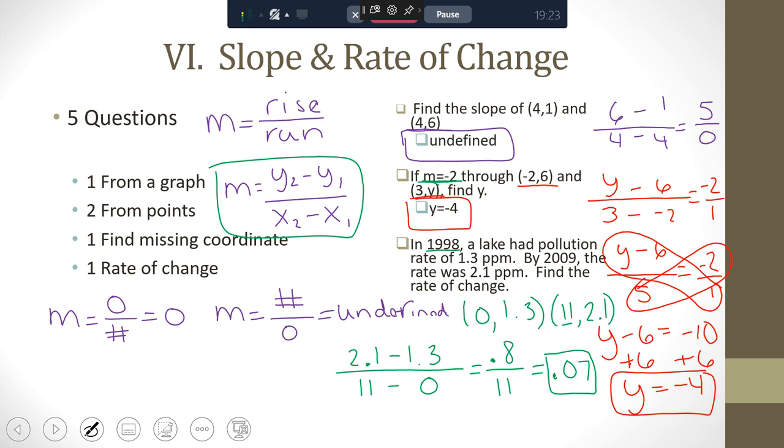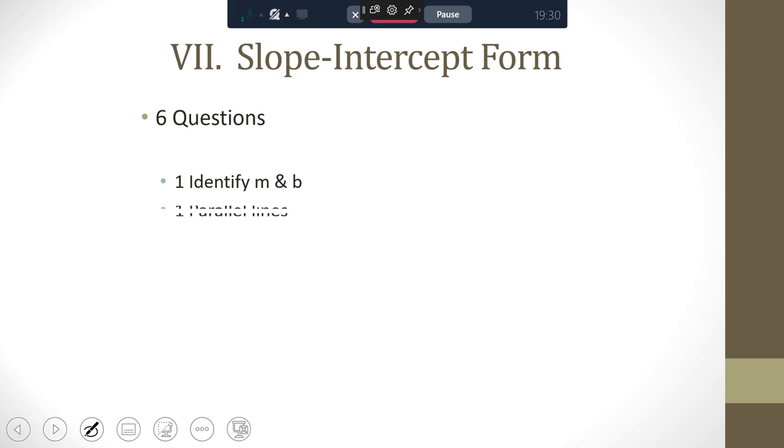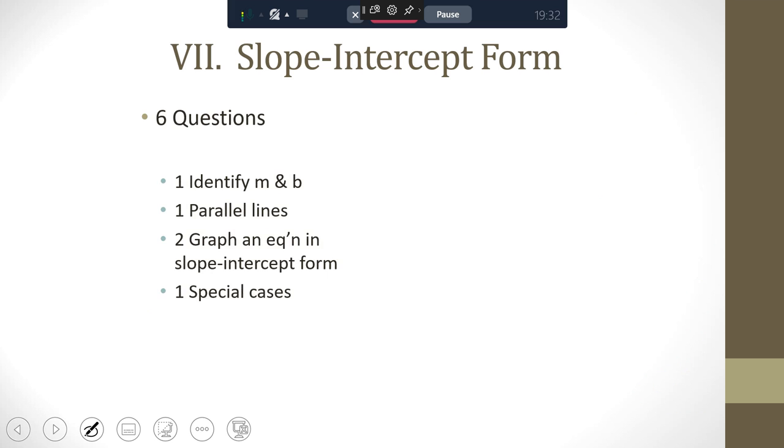Okay, now let's look at our next topic, which is slope-intercept form. There's going to be 6 questions on it: 1 where you have to identify the m and b, 1 where you have to identify whether or not lines are parallel, 2 graphing, 1 special case, and 1 continuous versus discrete. Okay, so parallel lines.